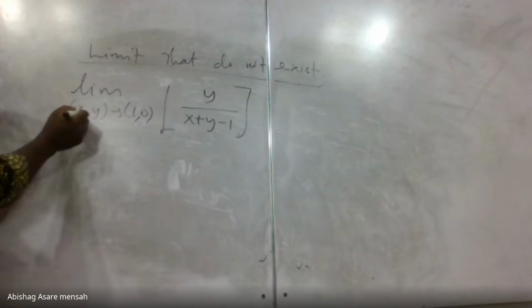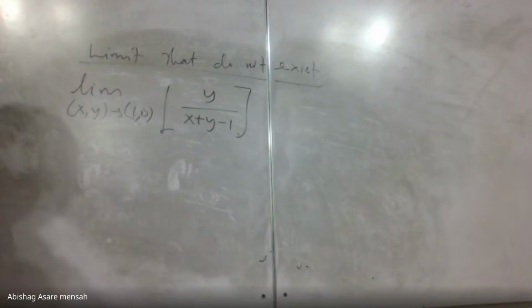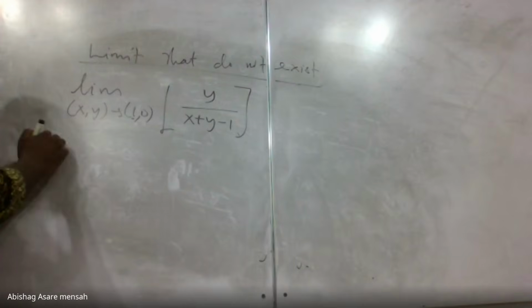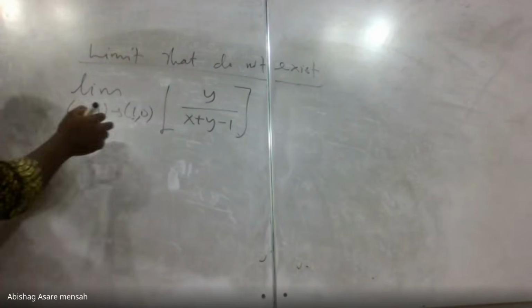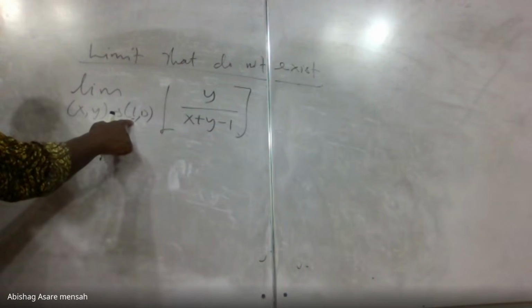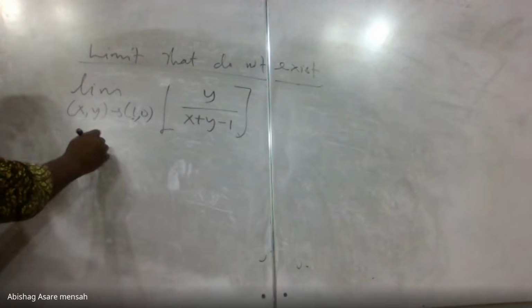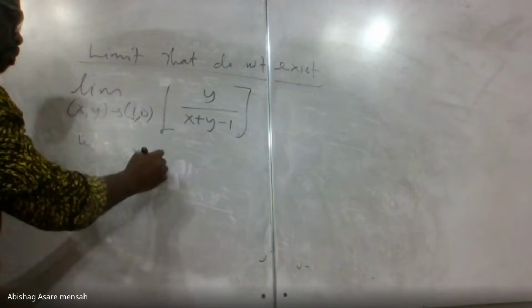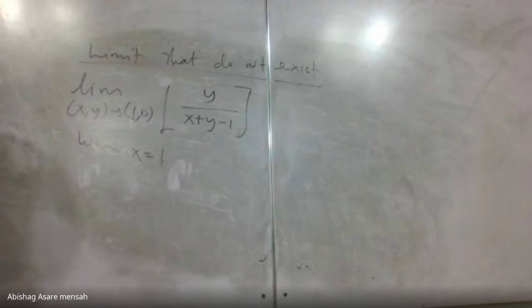So we are setting x equal to what? 1. Please take note of that. You see that the previous ones were 0, 0. That's why we were setting x equal to 0 and y equal to 0. And this one is x approaching 1. So we set it when x is equal to 1. We want to do that first.